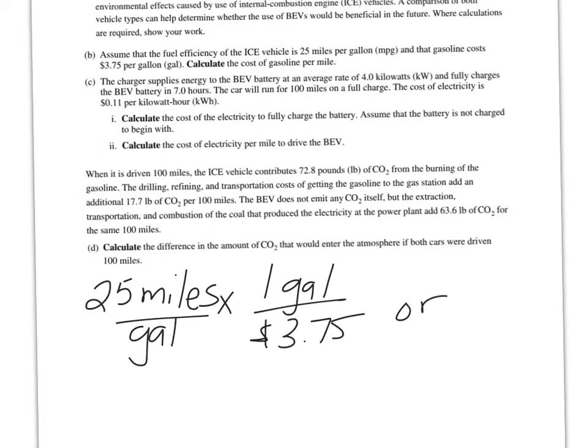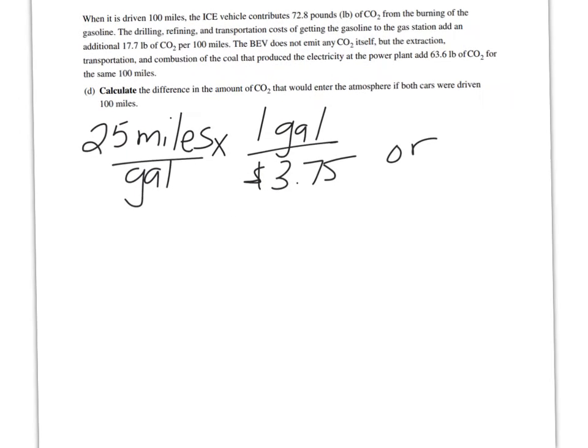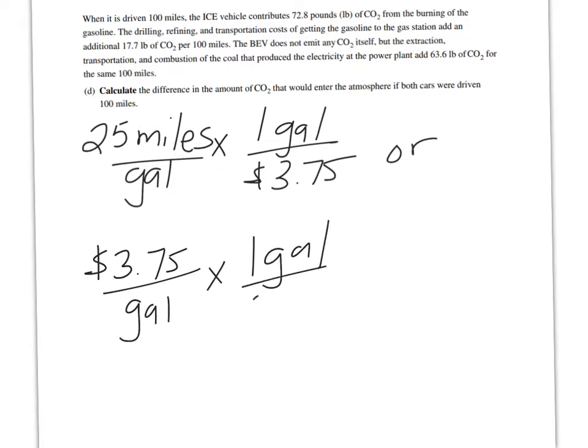Or am I going to set it up like this? Because both of the givens let us have that option. Anytime you have per, you can write the number at the top or the bottom. So which one should we use?